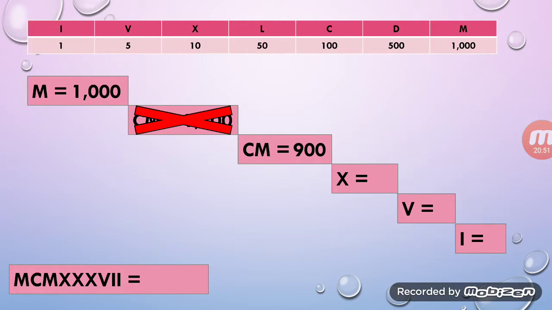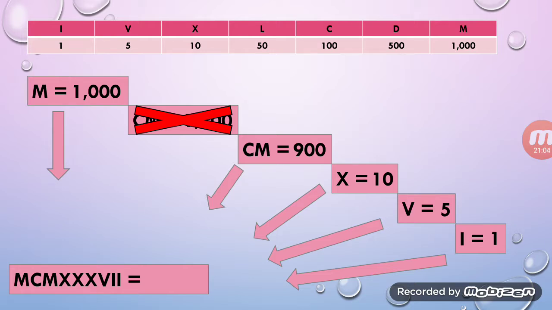Now moving on to the final three, we see X is worth 10, V represents 5, and the I is the 1. Now if we combine all of these numbers together with simple addition, we get 1,937. And the reason being is because of the amount of symbols we have.